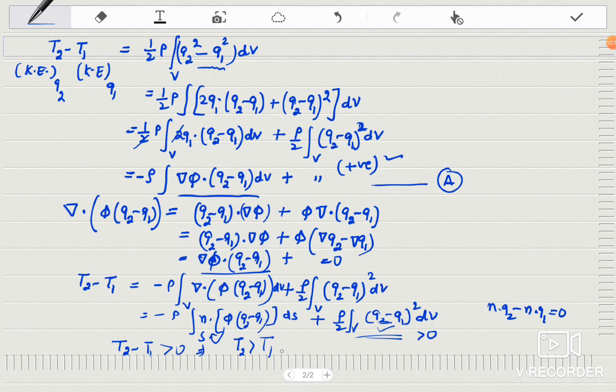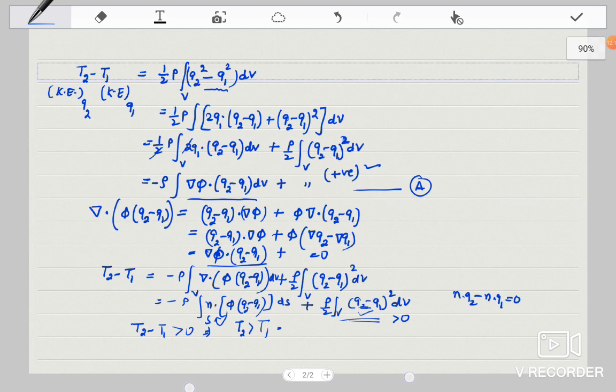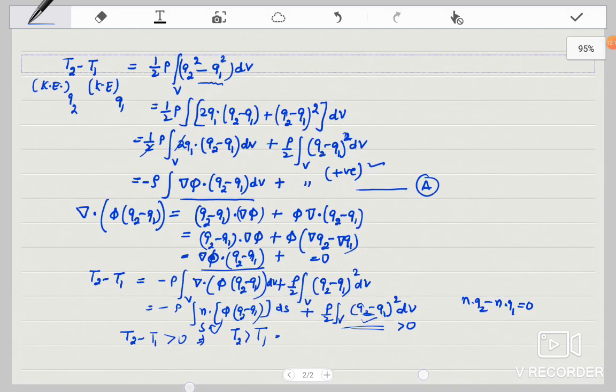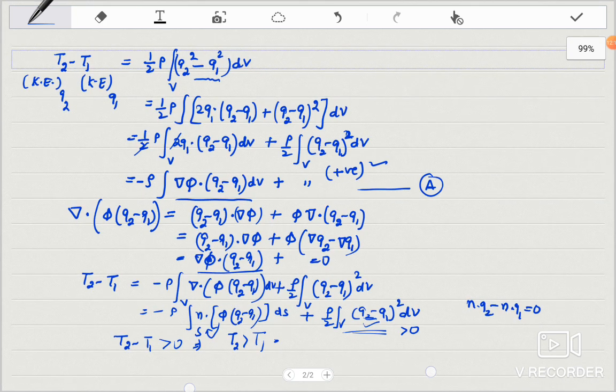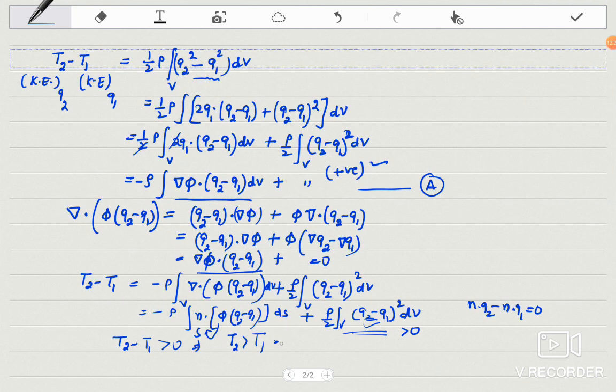T2 was the kinetic energy for any other type of flow, and T1 was for irrotational flow, so this is an arbitrary flow.